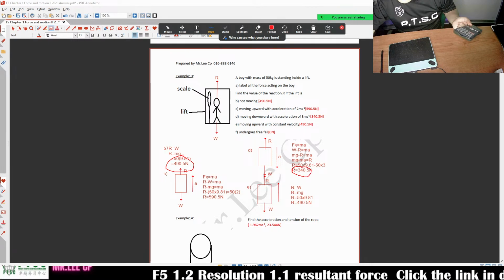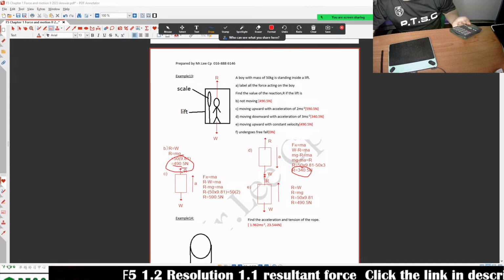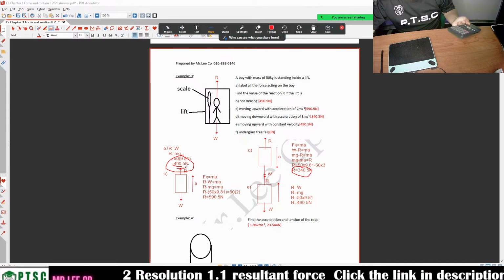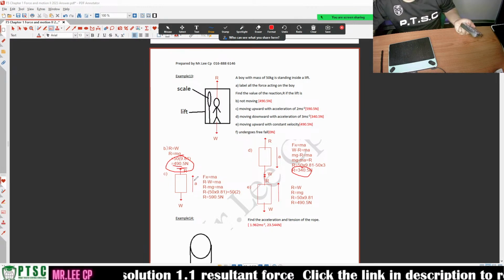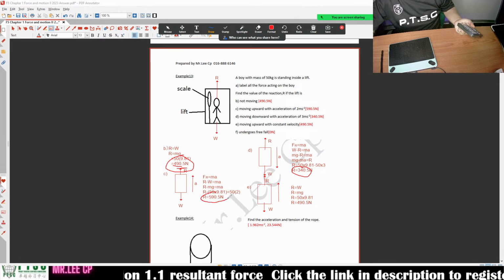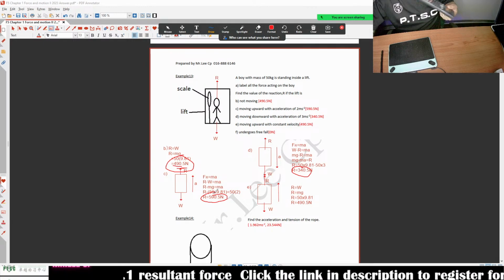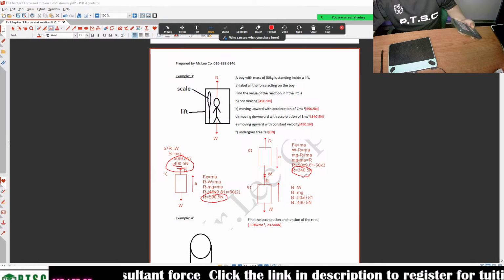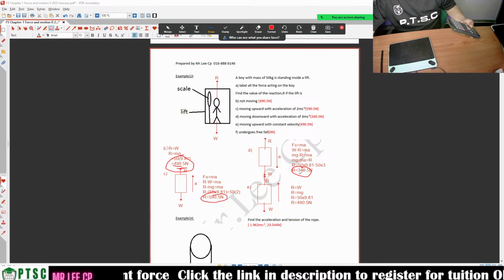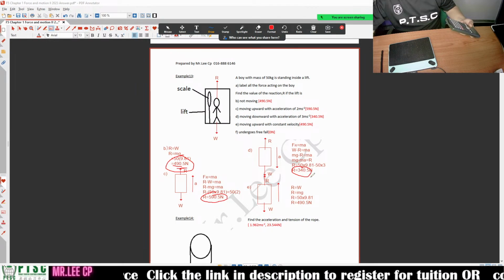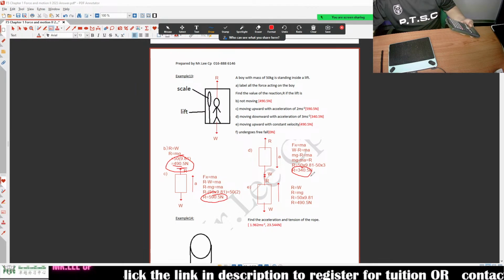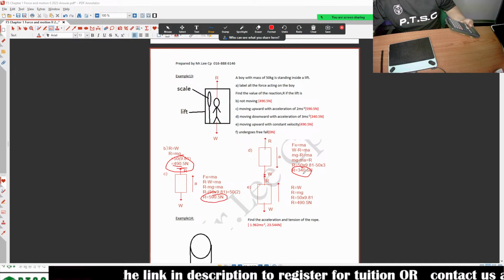The reading will be lesser compared to when you are not moving. Not moving, 490. Moving upward, the balance compresses more. Moving downward, it compresses less.